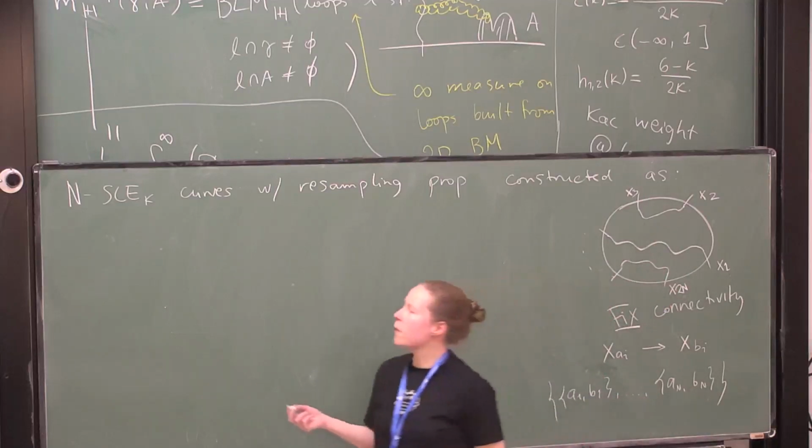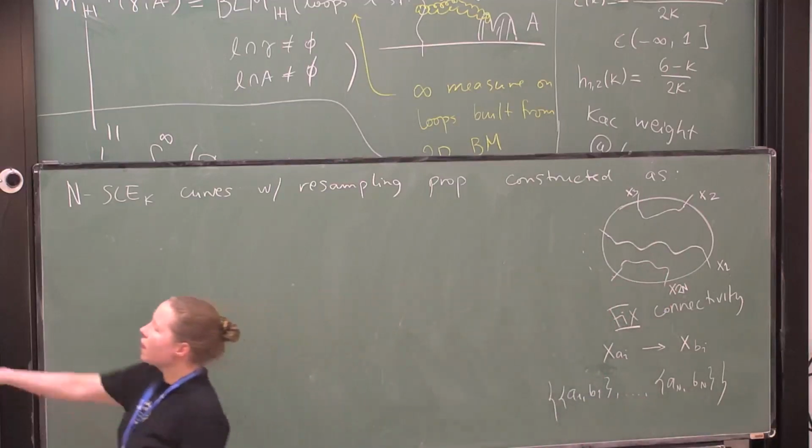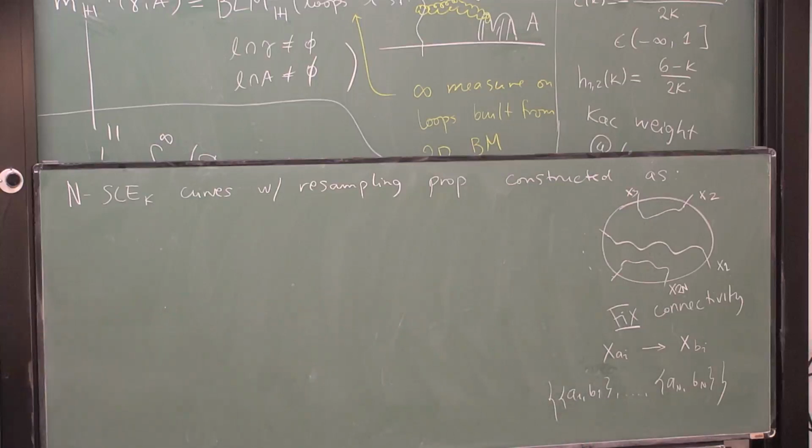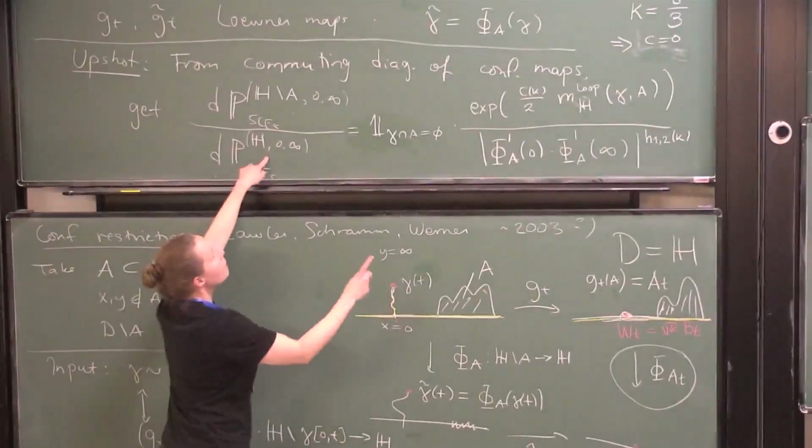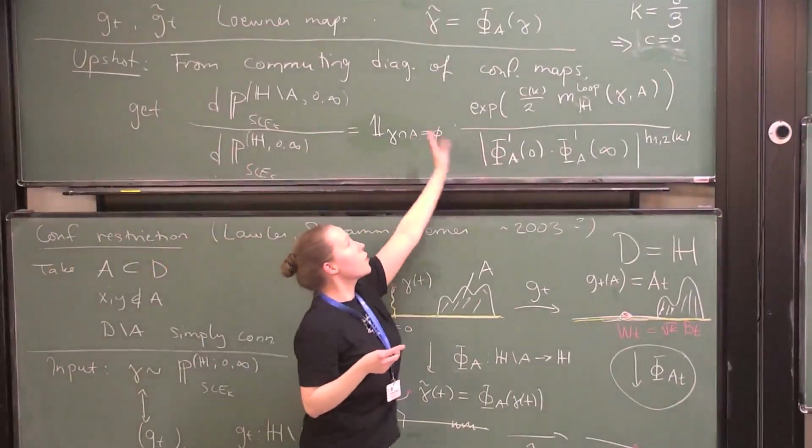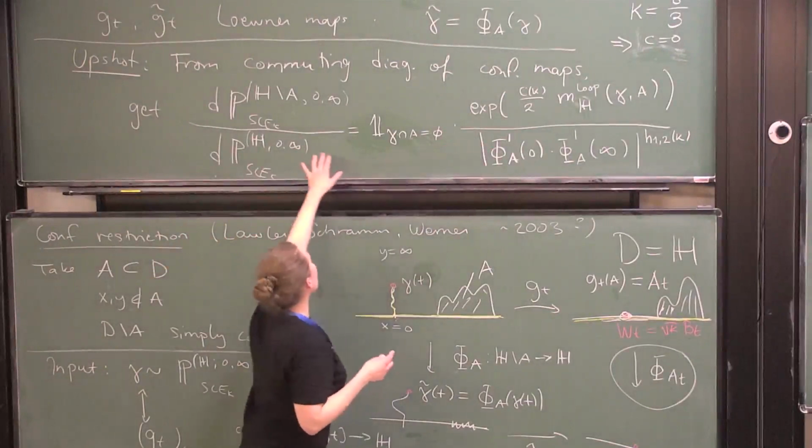It's a bit like what I was doing here. I have the independent thing downstairs, without any A, and then I put the interaction of the curve with A, and I get the upstairs measure.